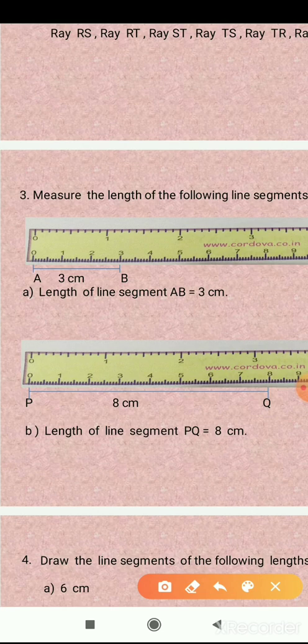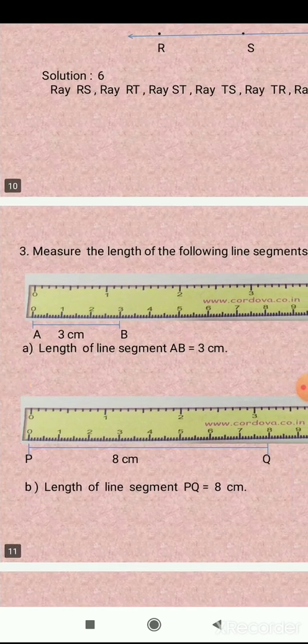First, place the edge of the ruler showing the centimeters along the line segment AB. Look here. Here we place the edge of the ruler showing the centimeters along the line segment AB. Next, adjust the 0 mark on the ruler at point A. Okay.